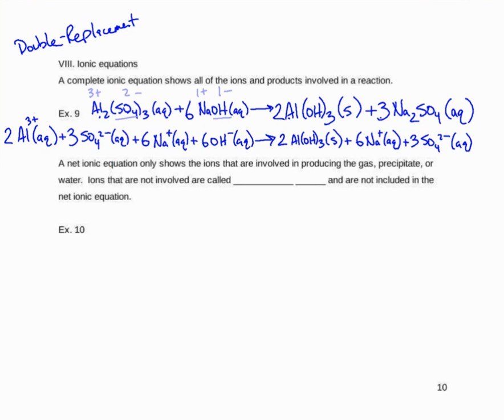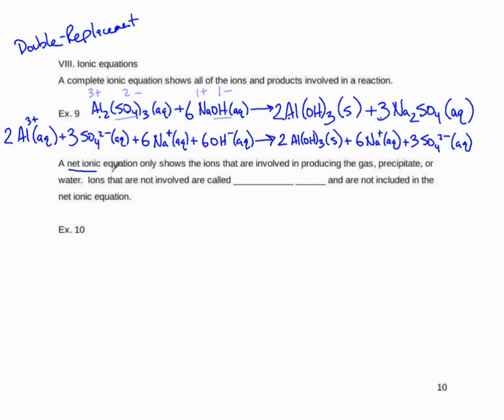That's the complete ionic equation. And it took up the entire width of the page. And I'm not really a huge fan of complete ionic equations because there's a better way to write it. And that would be the net ionic equation. And the net ionic equation only shows the ions that are involved in producing your gas, your precipitate, or your water.